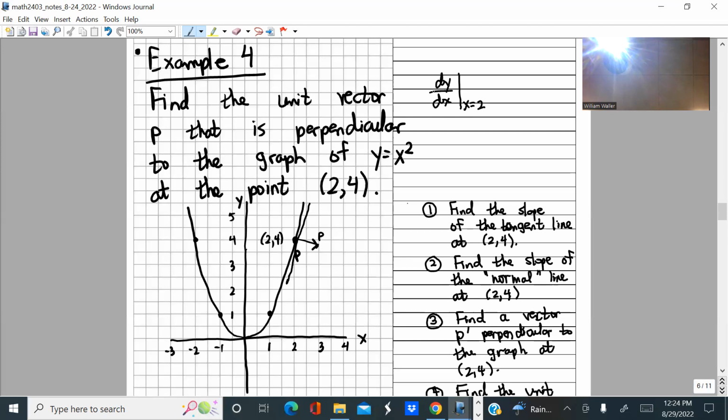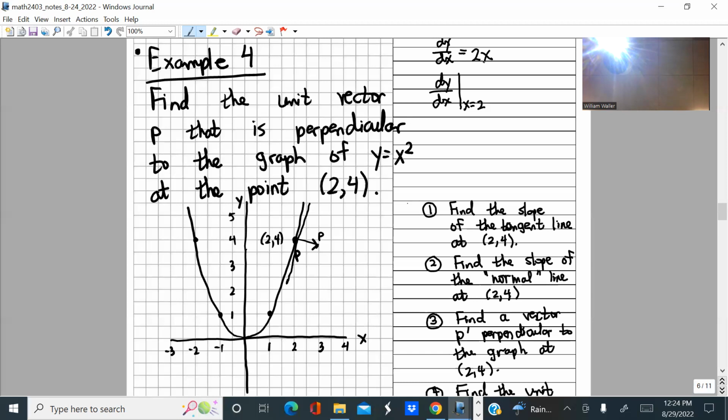But to get the derivative at x equals 2, I need to know what the formula for the derivative is, right? So what is dy over dx in general? 2x, sure, okay? That's a very simple function to differentiate.